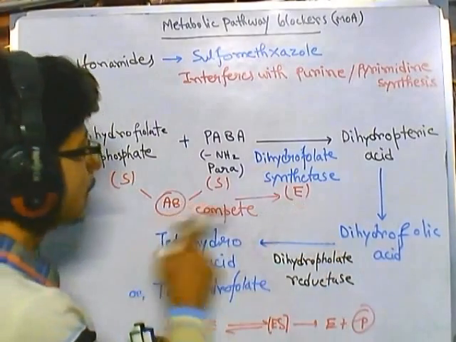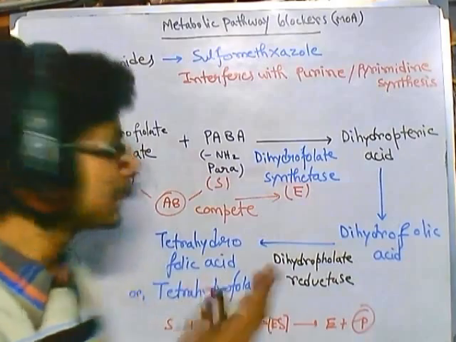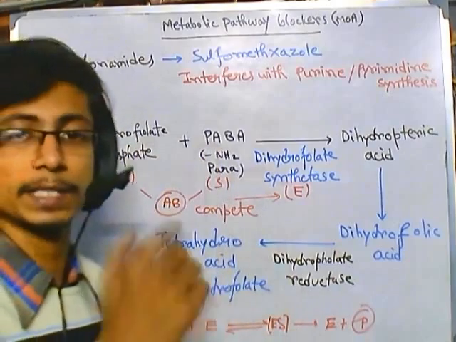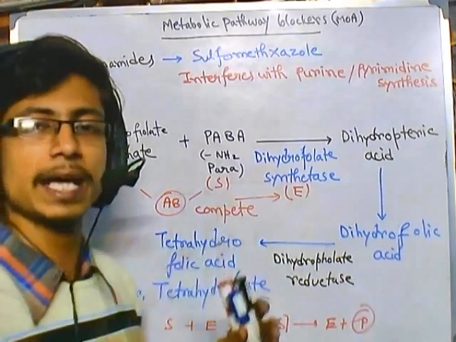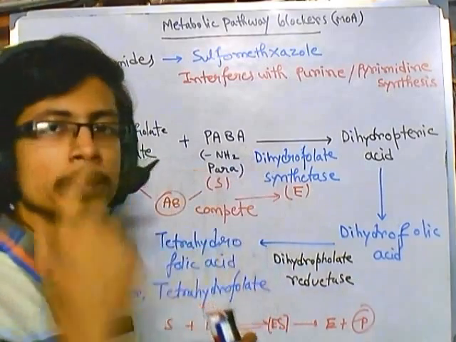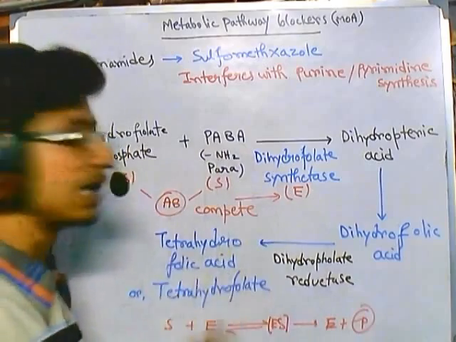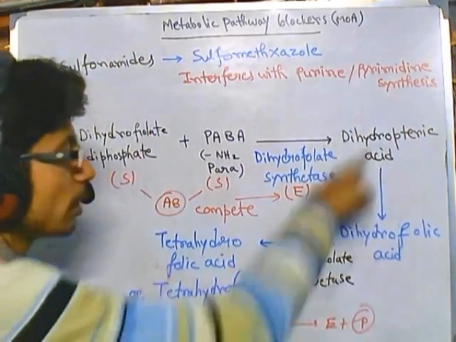If the antibiotic is present in higher concentration than PABA and dihydropteroate diphosphate inside the cell, it will more rapidly bind with the enzyme, and all the enzyme will be filled with this antibiotic. So no single enzyme will be there to convert PABA and dihydropteroate diphosphate into dihydropteroic acid. As a result, the rest of the steps will not be occurring.